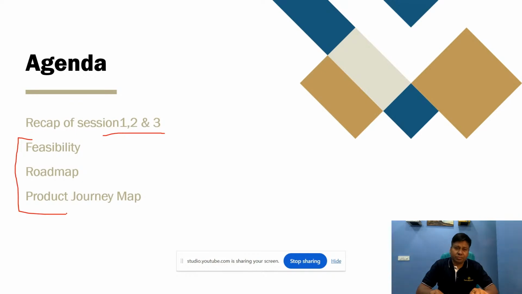Right. So once we did this ideation for the product, we jumped into session 3, which was mostly focused on concept development and validation. Within concept development and validation, we looked into tools like the 5-day design sprint.